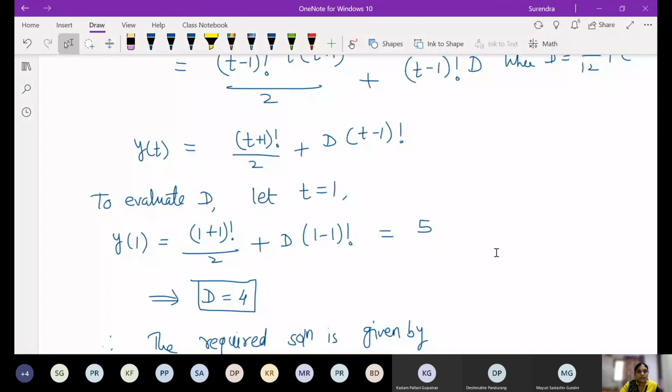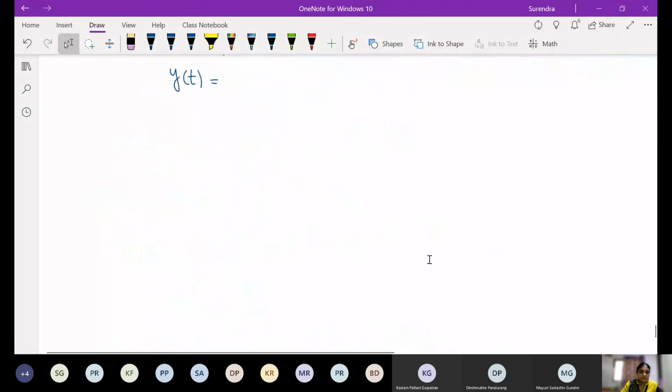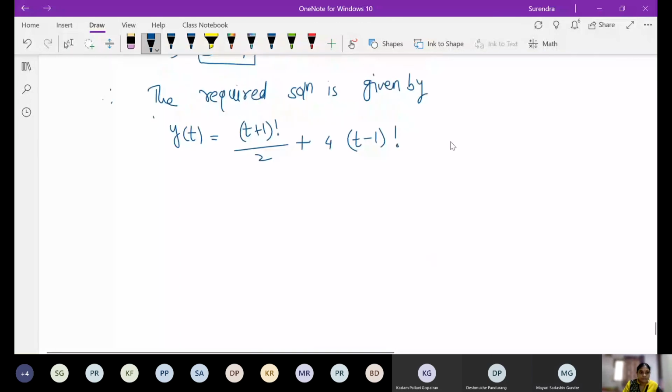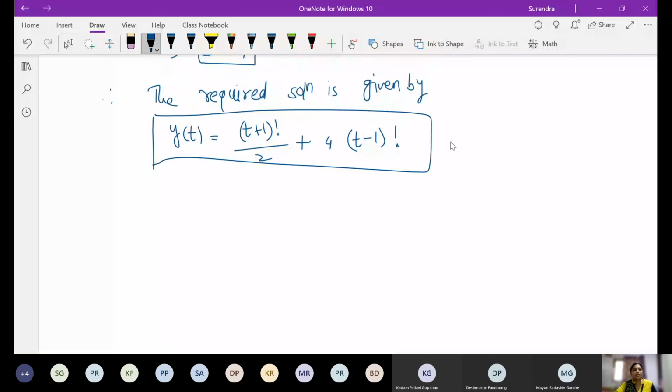T plus 1 factorial divided by 2 plus 4 times t minus 1 factorial. That will be my final solution. Is that okay?